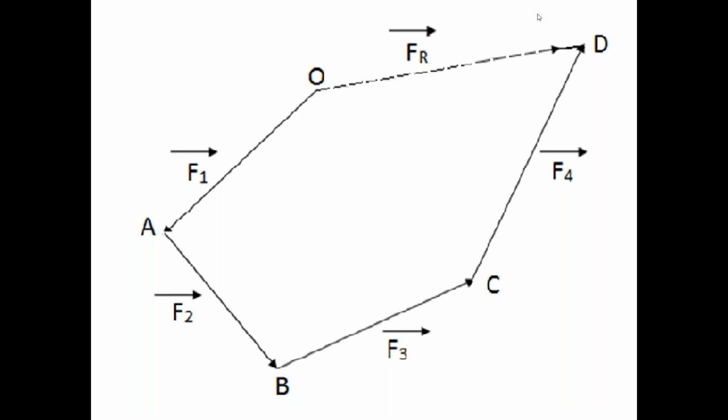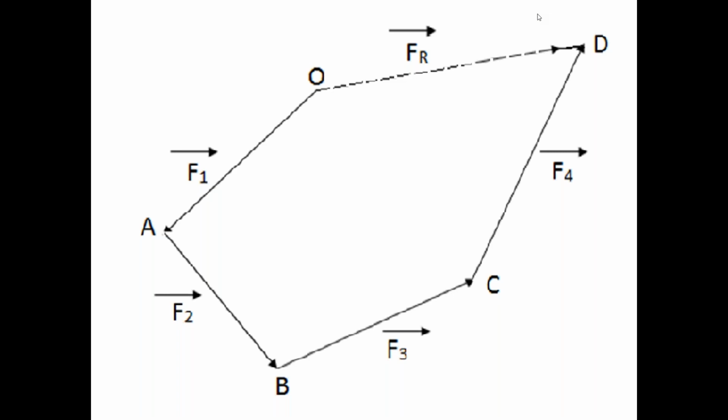To find the resultant force Fr bar of these four forces, we have another graphical method, that is the polygon law of forces. A polygon is a geometric figure. If the geometric figure has three or more sides, we call it a polygon.